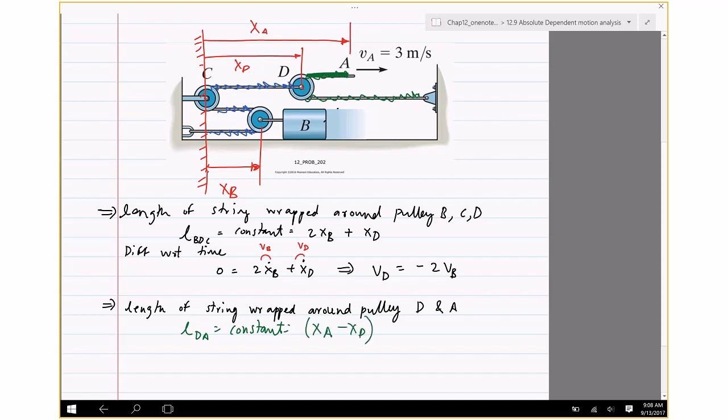Okay, I also need to write an expression for this length. How can I do that? So I wrote this one, I need to write this one. What's the overall length?